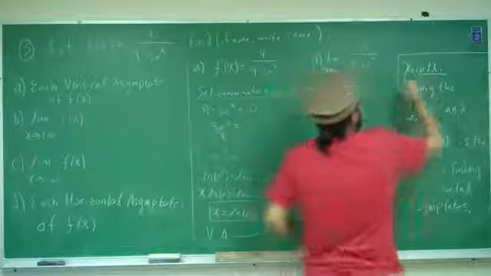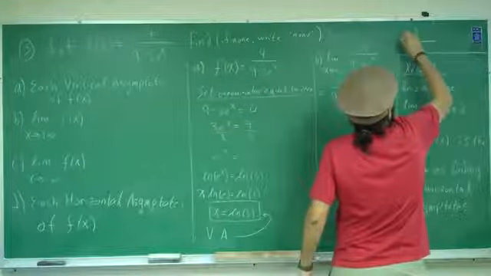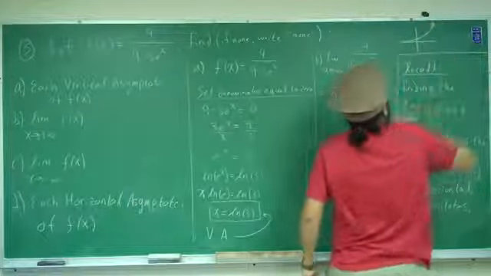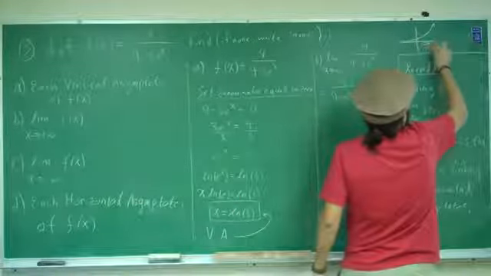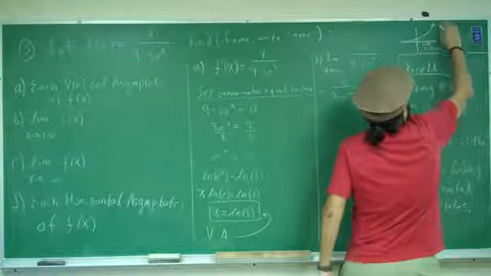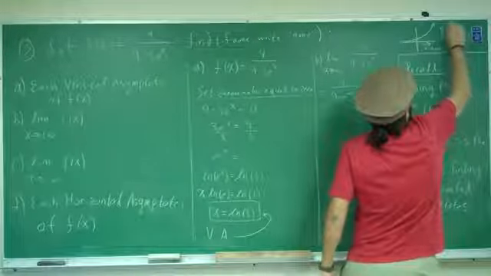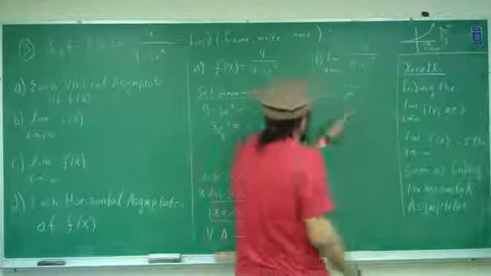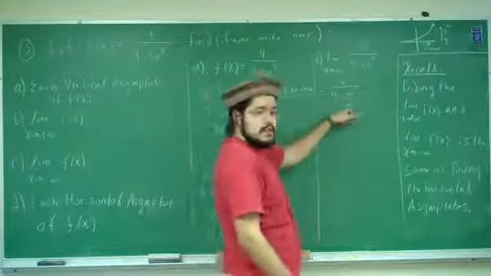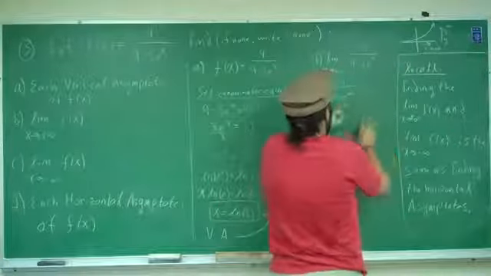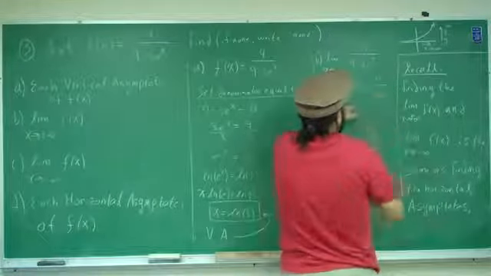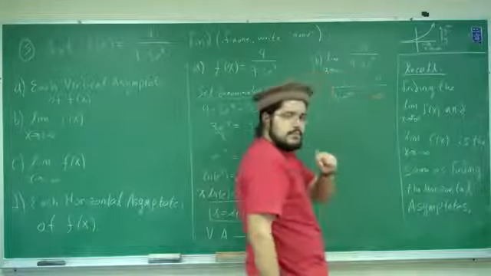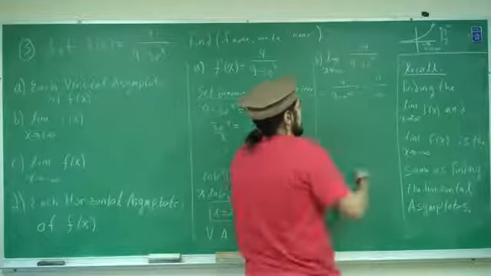But if you recall the graph of e to the x, as x goes to infinity, the y value goes to infinity. So e to the infinity is infinity. We have 9 minus infinity, which is just another big infinity. So we have 4 divided by infinity, and 4 divided by infinity is 0.